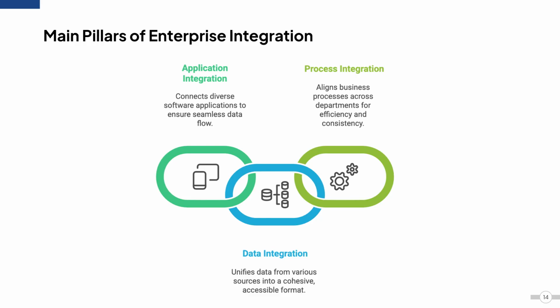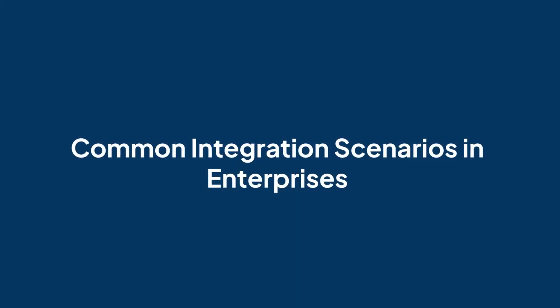All of these are what we call process integration. And then there is this other pillar called data integration, because we spoke about systems of record, and you need to make sure you fetch data and do data processing from these different data sources, and that's what you call data integration.